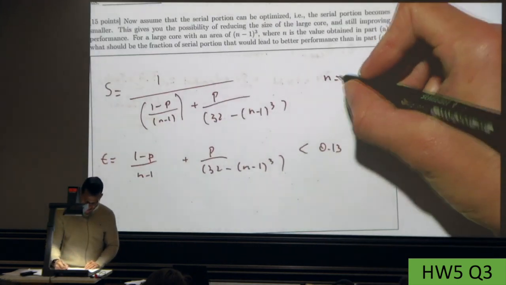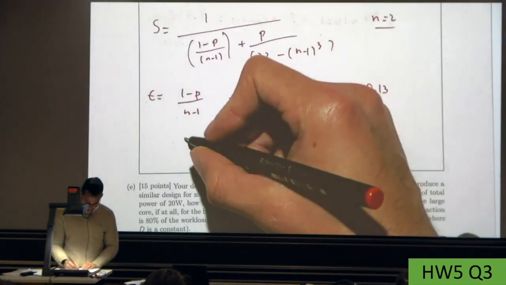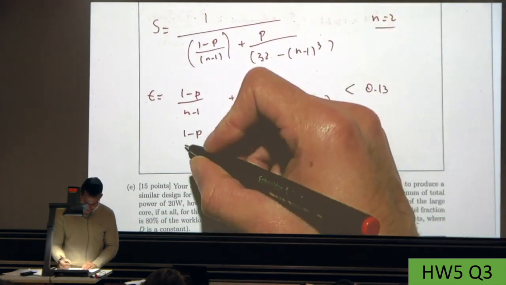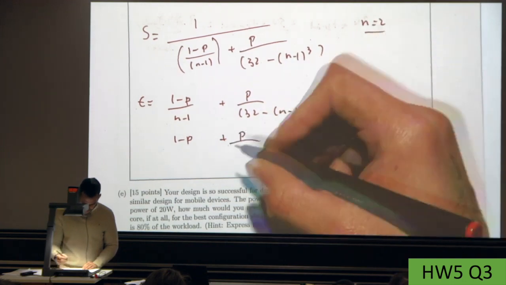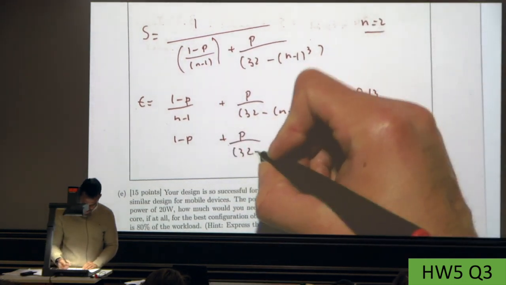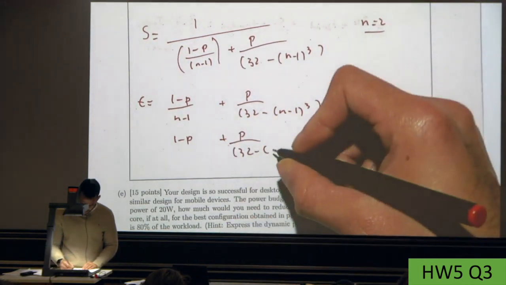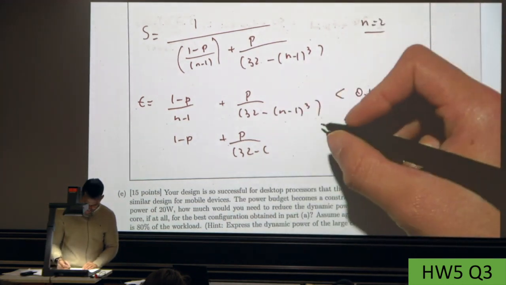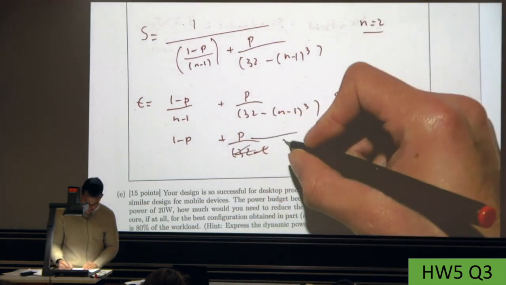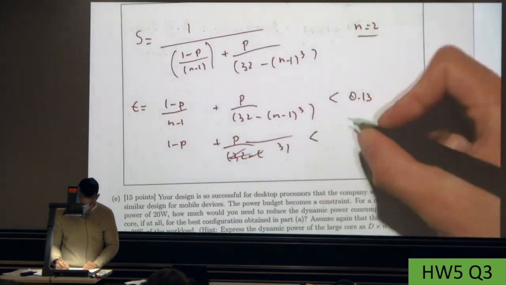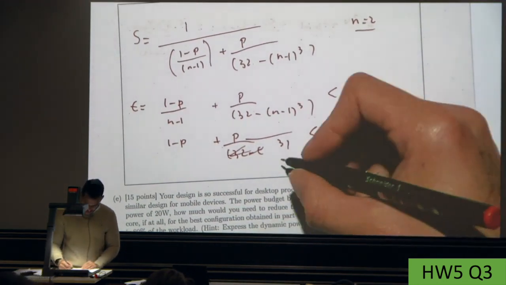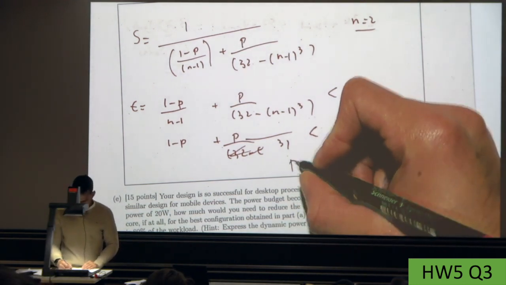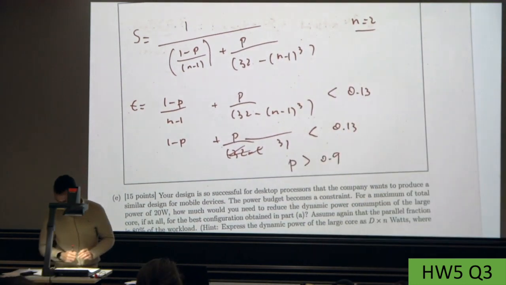Assuming that n equals 2, you have 1 minus p, plus p over 32 minus 1, so this is actually 31, should be smaller than 0.13. And when you do the calculation, you are going to find out that p should be larger than 0.9.